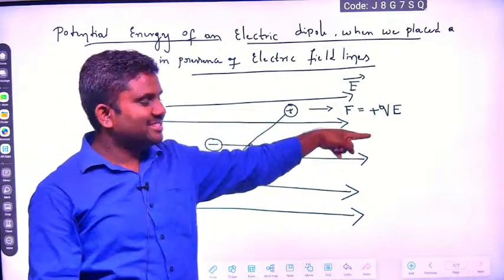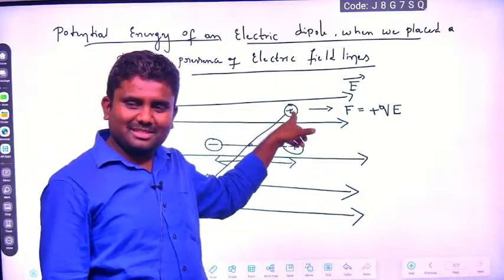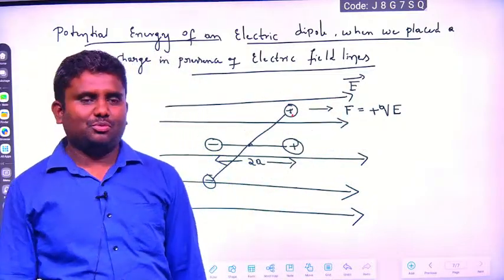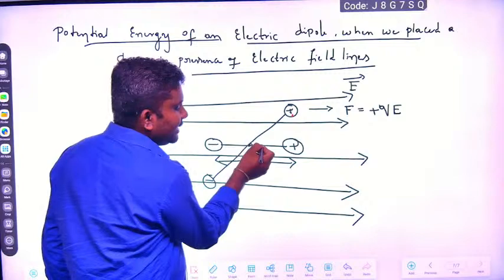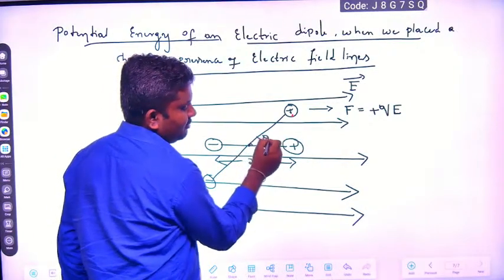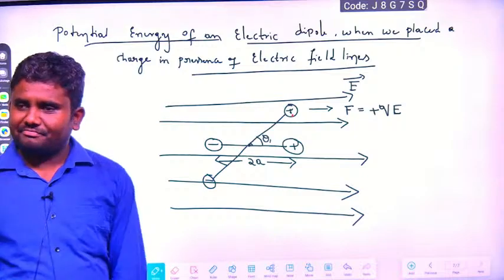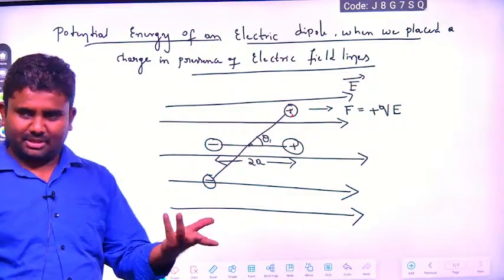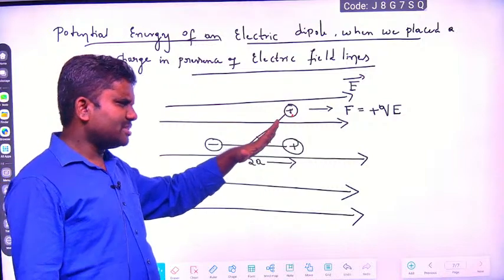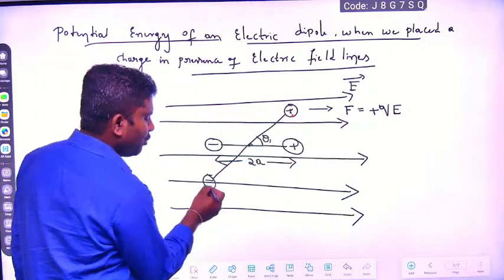See, the direction of the field is this side. So the charge experiences a force F equal to plus QE. And I tilt this one by theta 1. This is the angle by which I tilted the dipole. I just moved the dipole a little. Now, what is the force acting on the negative charge?